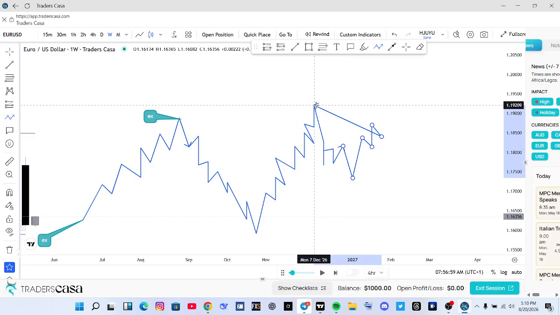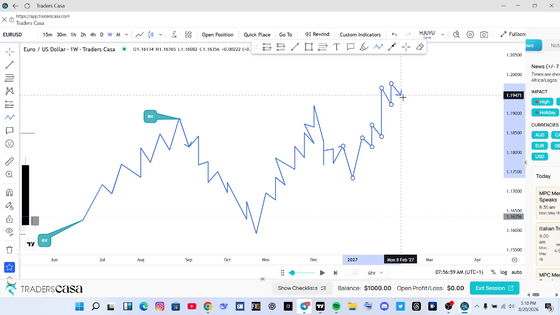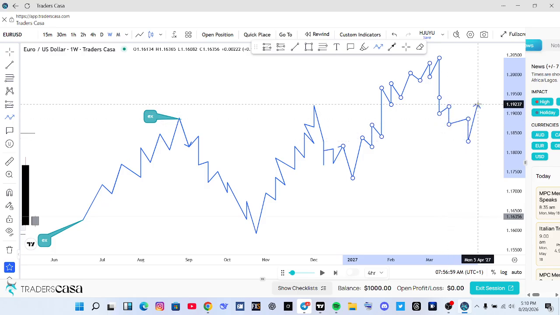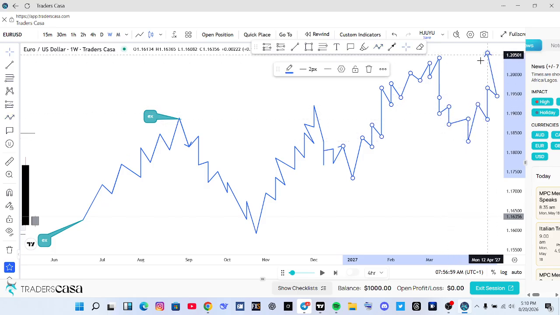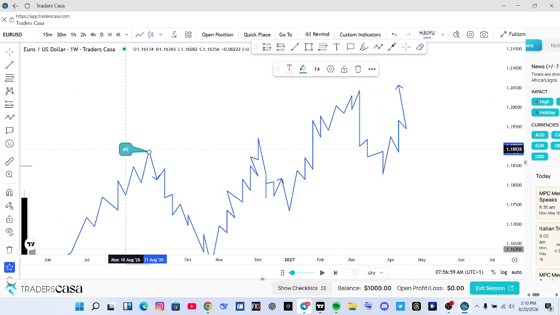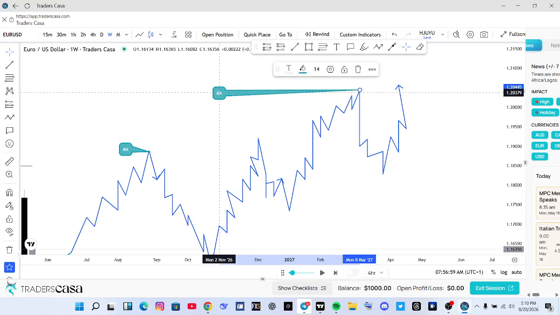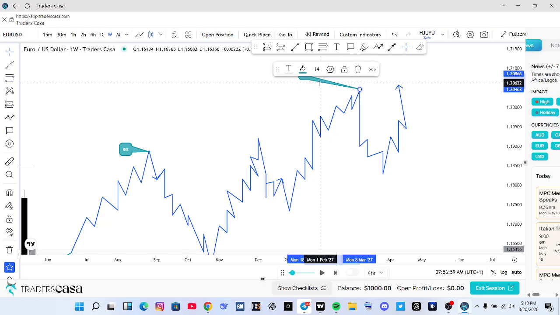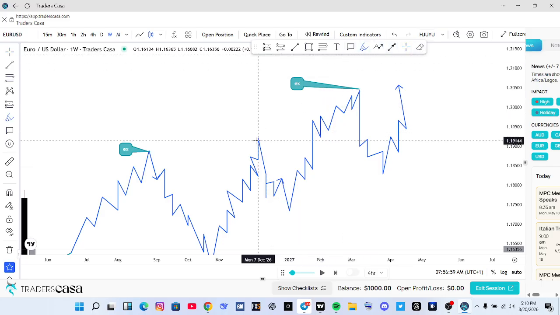Mind you, this zone is already an external range. Price will now take out that zone, and then you see price still taking out the internal and going for only this external again. Price will now be going for this external, and this external.